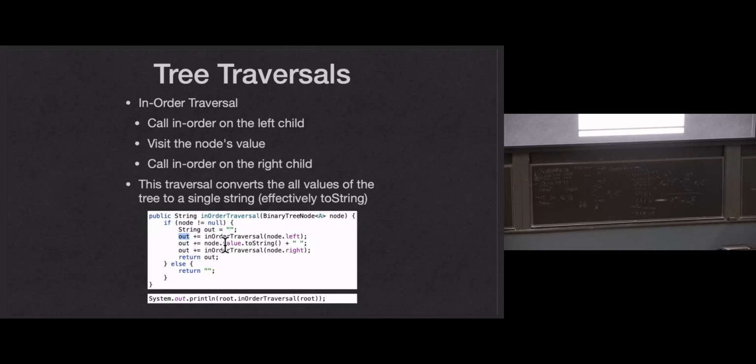Then we're going to concatenate the value at this node to the string that we're going to return. And then do the same thing with the right recursive call. Recursively call this on the right, concatenate whatever it returns to this out variable, and then return out. So we're going to make a recursive call to the left, visit this node, and then make a recursive call to the right.